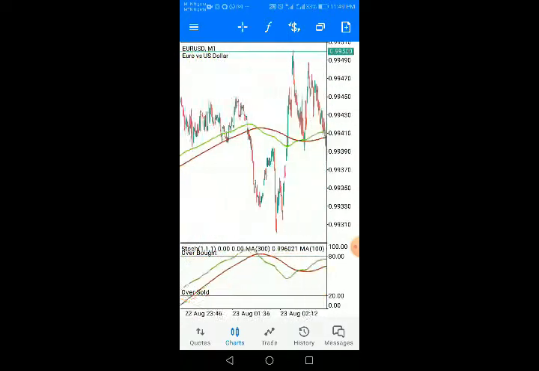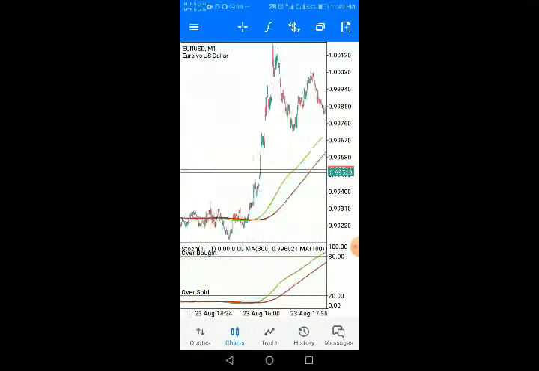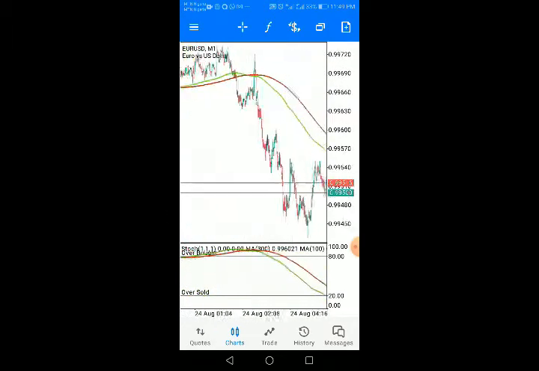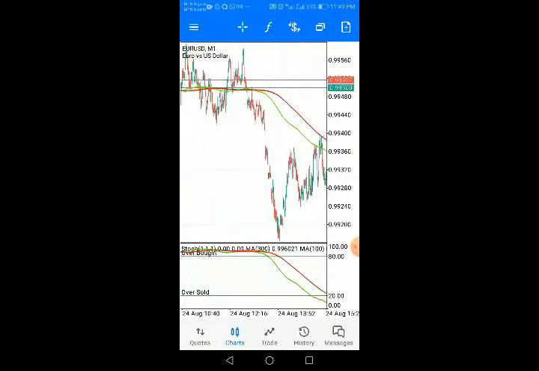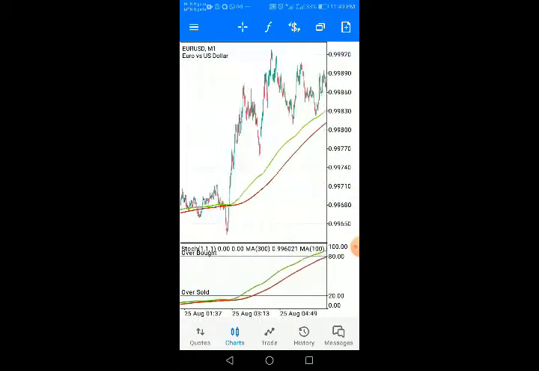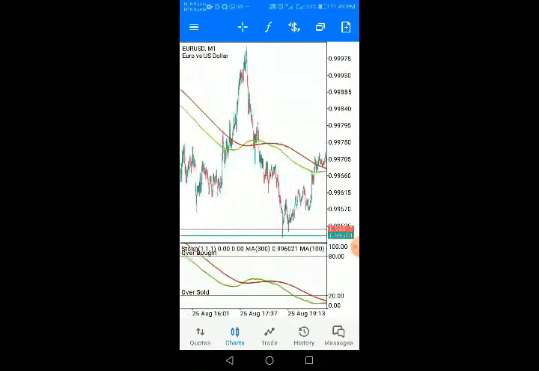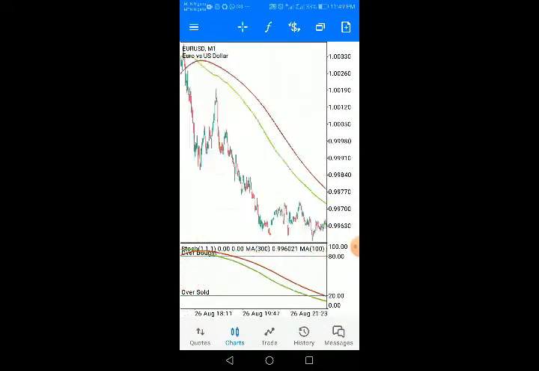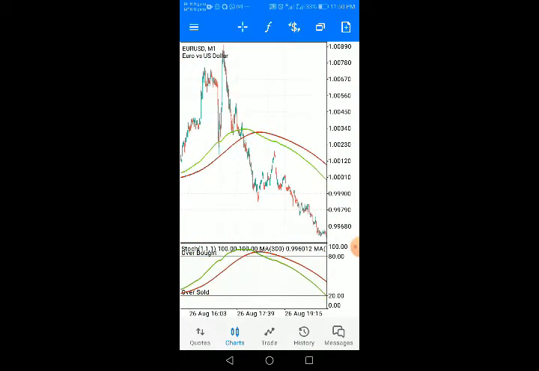So this is Euro USD. You can actually use this strategy to trade anything as long as it is a chart and there's price action, and it's a market like this that moves. You understand? So as long as there's price action, definitely this strategy works. So you can see it.